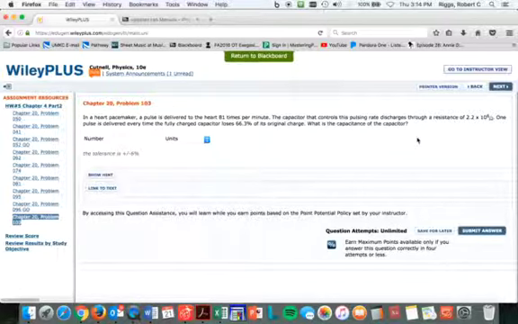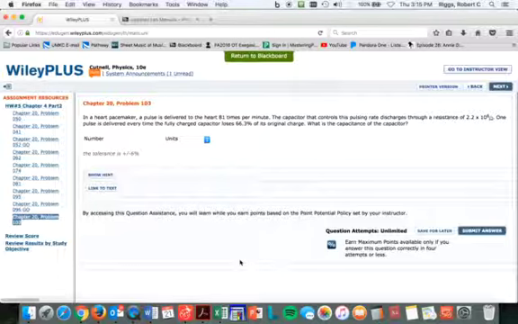One pulse is delivered every time the fully charged capacitor has lost 66.3%. So we're discharging. What is the capacitance of the capacitor? That's what we're going to do.